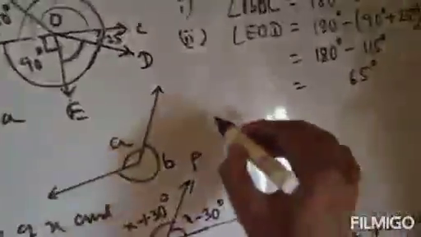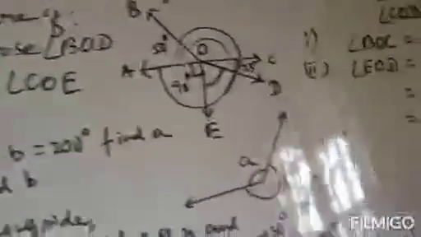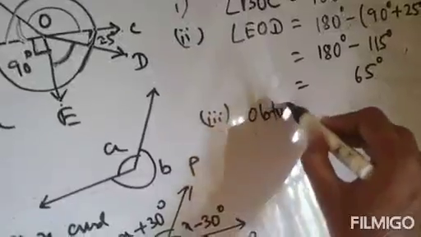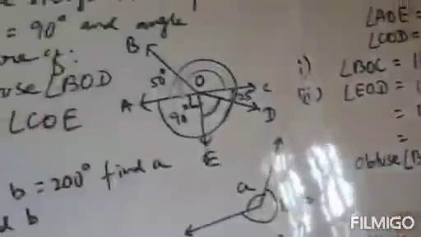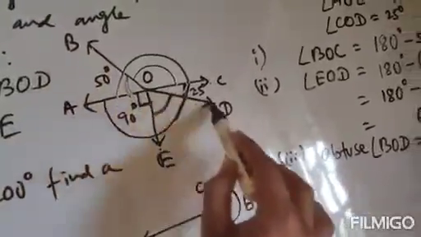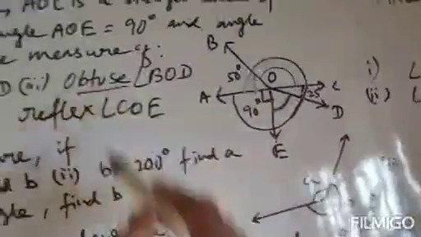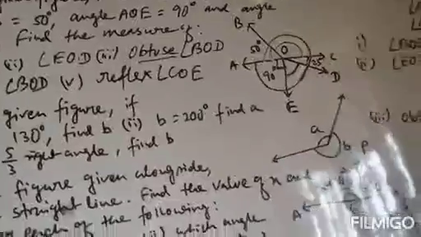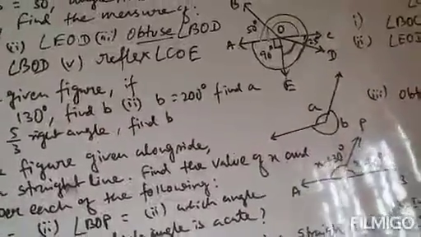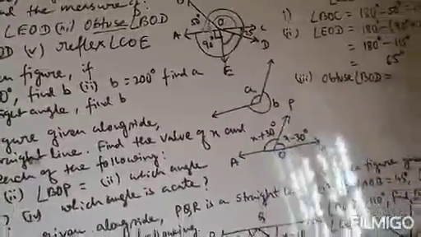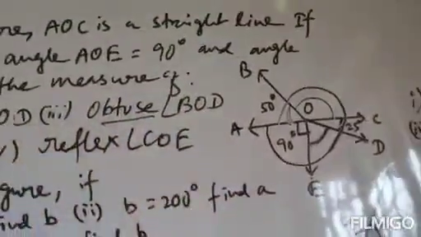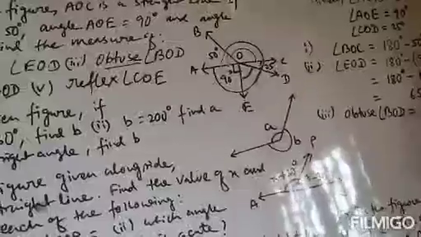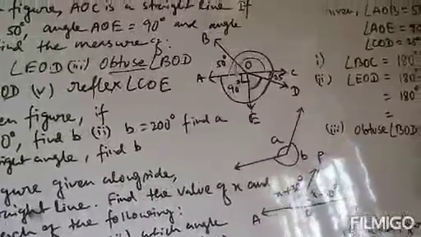Clear? Next, part 3 is obtuse angle BOD. Obtuse means an angle which is greater than 90 degree but less than 180 degree.